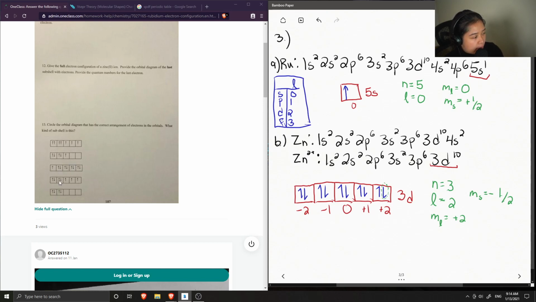And our fourth option is actually the correct one. We can double check this because our last option has 2 filled boxes with the rest of the subshell being empty. So we know that the fourth option is correct.